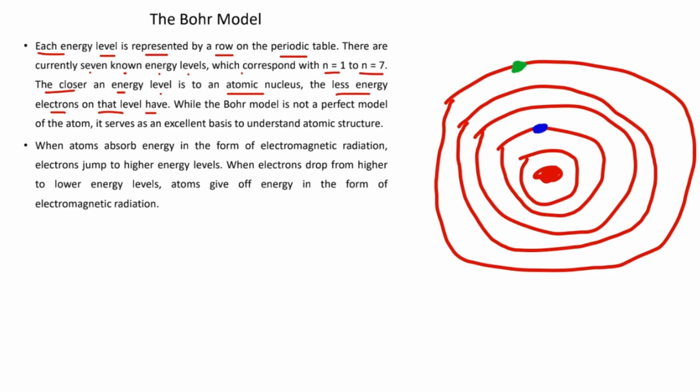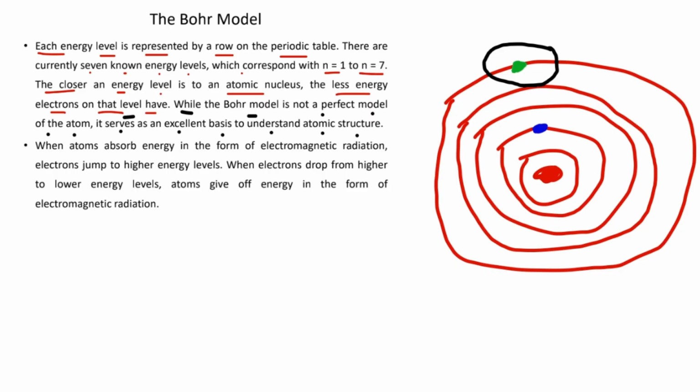Your answer should be that the one farther from the nucleus is the one with the higher energy. So basically the one in the fifth energy level is higher in energy than the one in the second energy level.